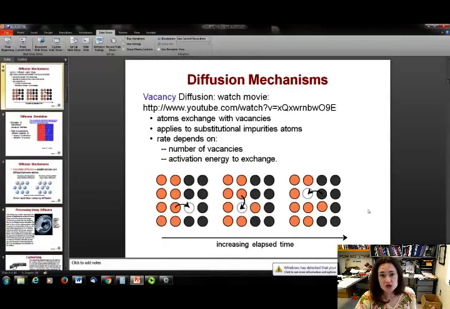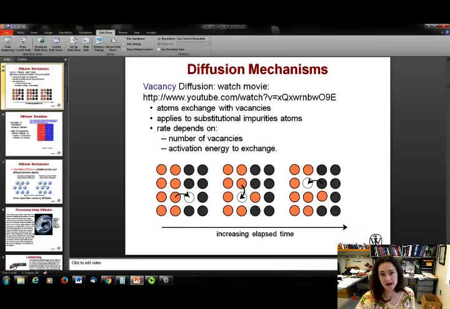Okay, diffusion mechanisms. We watched the movie of how atoms are hopping around. Basically, in vacancy diffusion, what happens is the atoms are just moving to a vacant site. And that's vacancy diffusion.